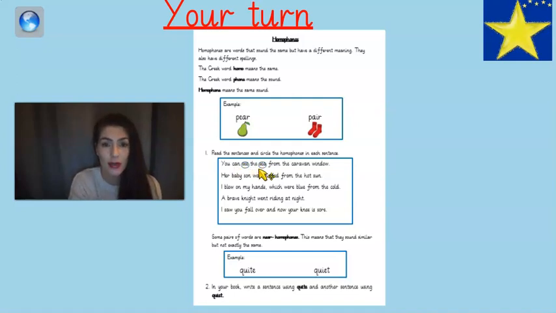So as you can see, I've done one for you. You can see the sea from the caravan window. See and see sound exactly the same, so I've circled them. But there's see, as in I can see, and there's sea, as in the sea, the ocean.